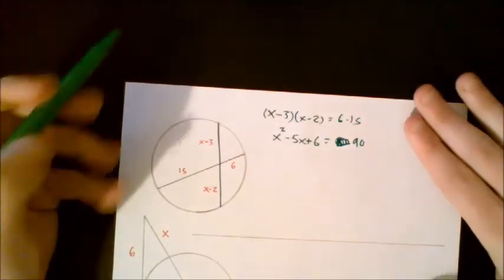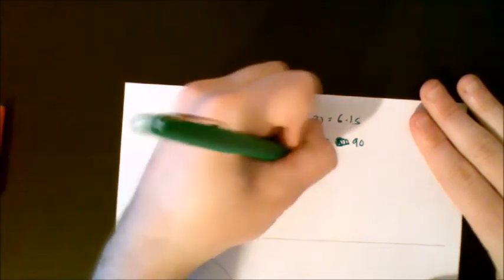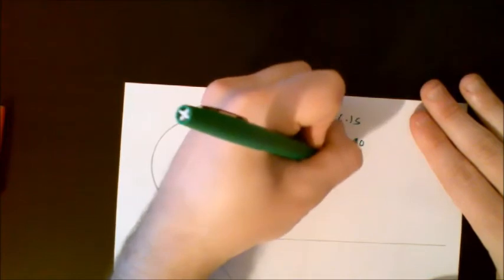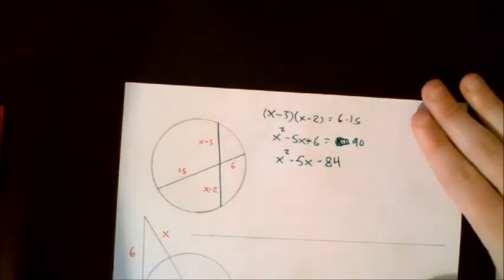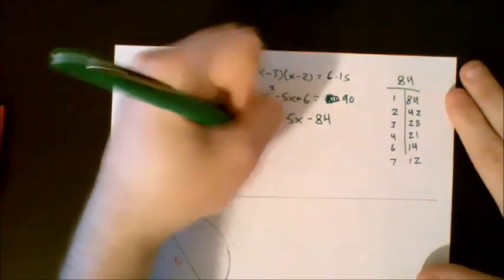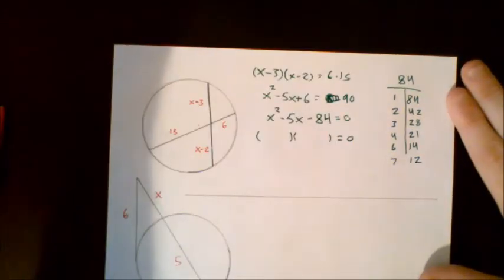Let's try that again. X squared minus 5x, let's subtract the 90 over, that gives us minus 84. Okay, so we need to think of factors of 84. Okay, this whole thing equals 0, so let's set these factors equal to 0.